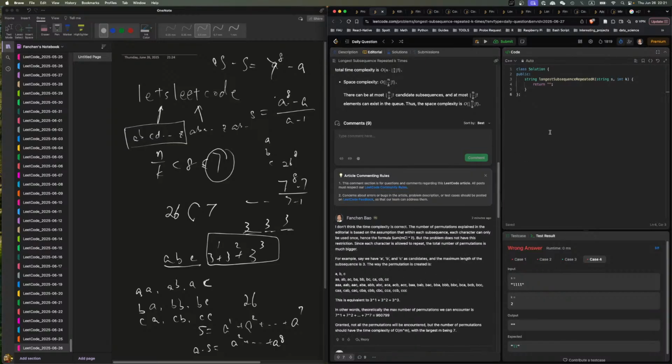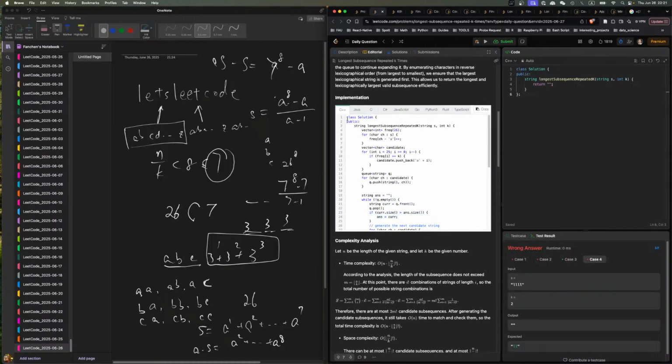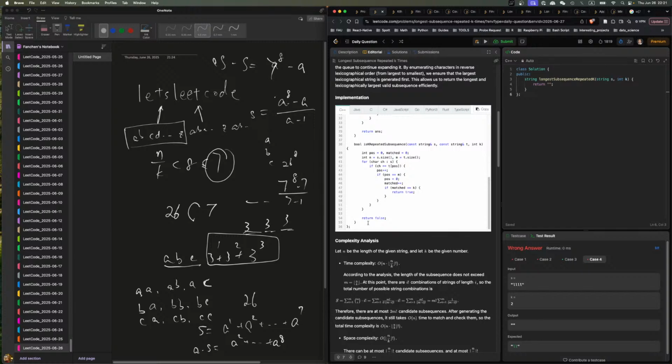All right, do you want to solve this? Actually, I don't. I'm going to copy and paste because I understand what this one is about, so there's no point.